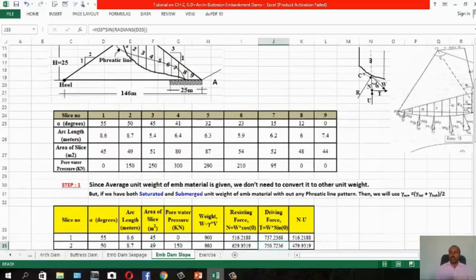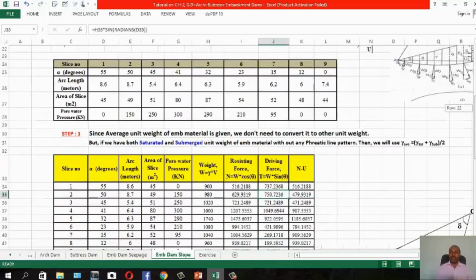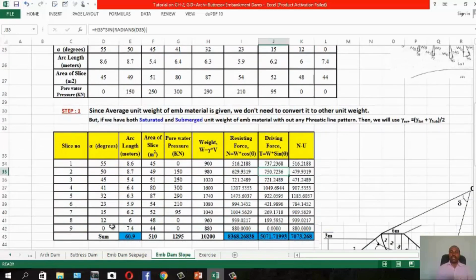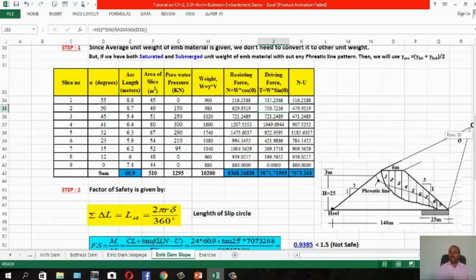If you see the free body diagram, U is going in the upward direction and N is in the downward direction. So N minus U, you calculate in the table, then you get this value. Then for the summation, you provide the sum of the lengths, and sum up all normal forces, all driving forces, and also N minus U. Then finally, you can find the factor of safety.